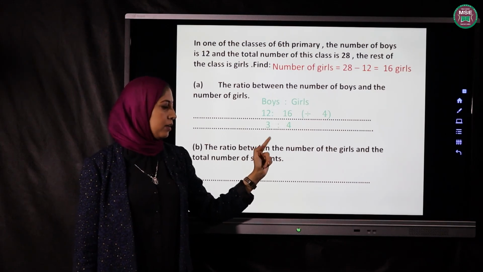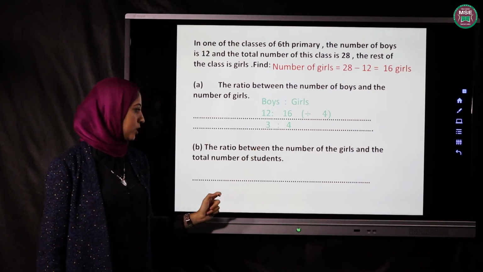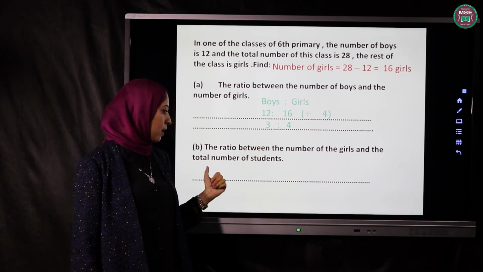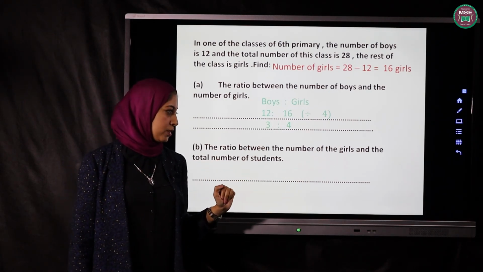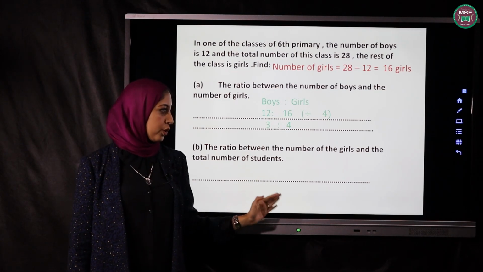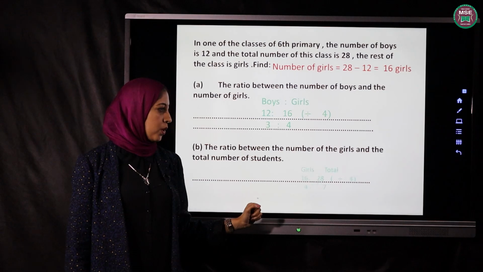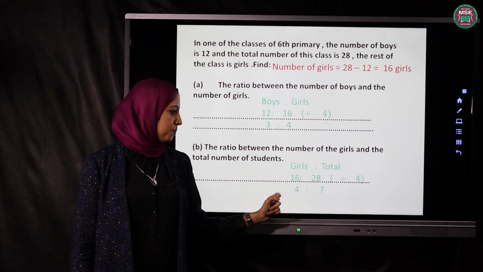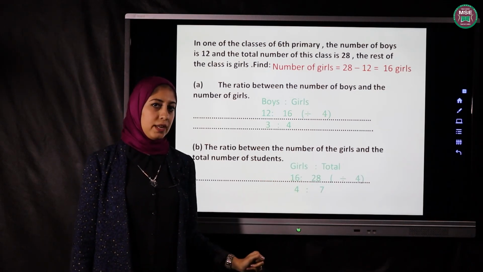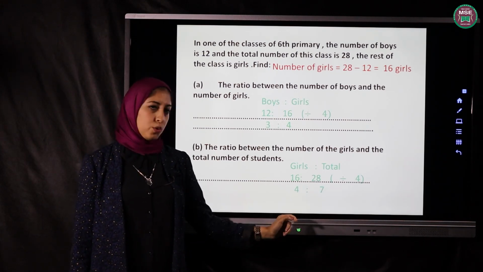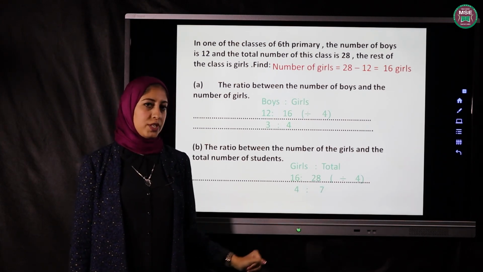The answer will be 3 to 4. The second question, find the ratio between the number of girls and the total number of students. Look at the order carefully. Girls first, then the total number of students. So I will write girls to total, 16 to 28. Then divide by a common number. I will divide by 4 for both sides. It will be 4 to 7.